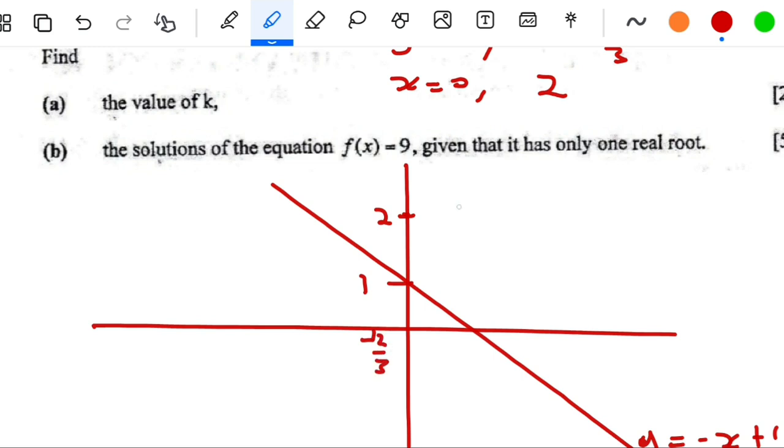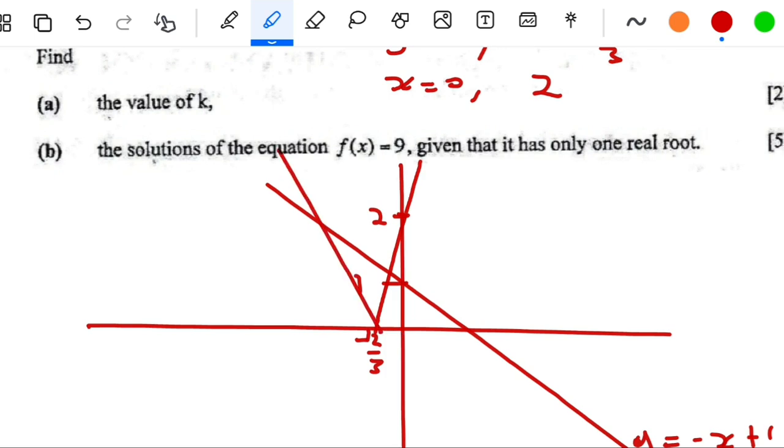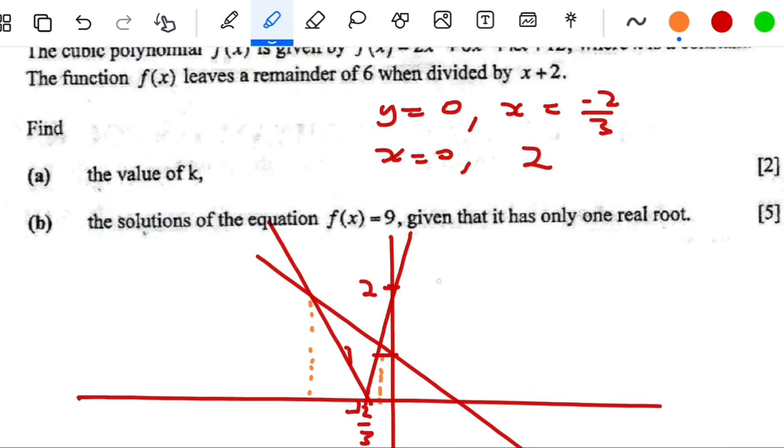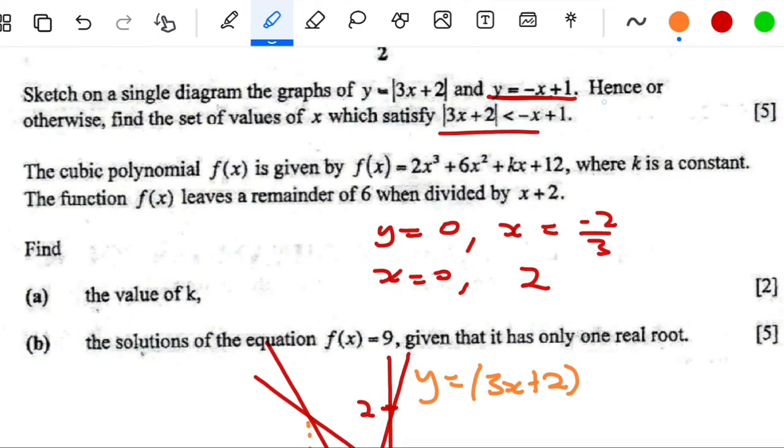So it will come like this, then bounce there and go like so. Which means I've got two intersections here. Let's label this one as y equals modulus of 3x plus 2. Then we are done with the sketching.